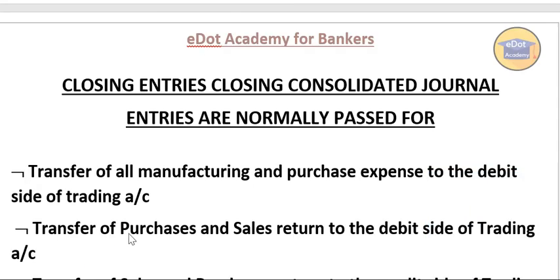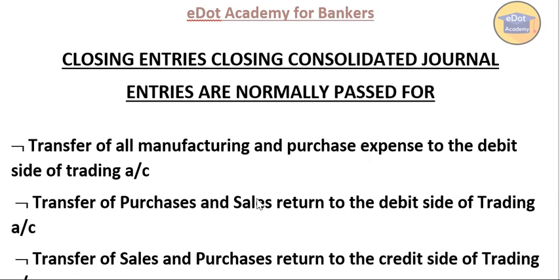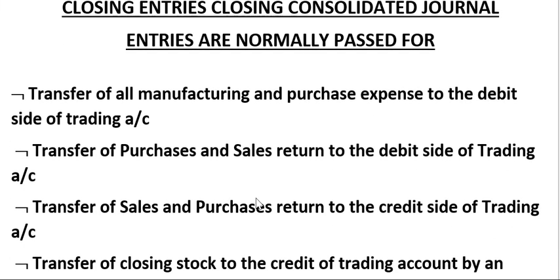Now there are some accounts which are to be closed for preparation of final books of account. Okay, like transfer of all manufacturing and purchase expenditure to the debit side of trading account. Here basically we are dealing with two accounts, trading account and profit and loss account. So whatever closing entry you are doing, either you will transfer to the trading account or to the profit and loss account.